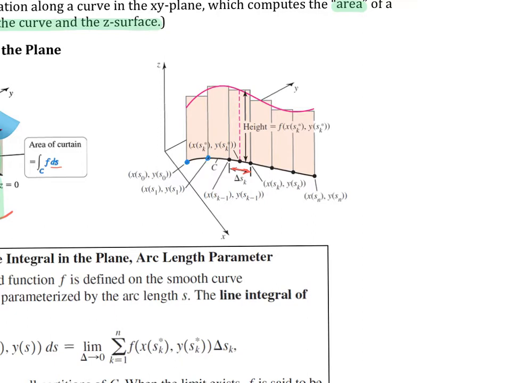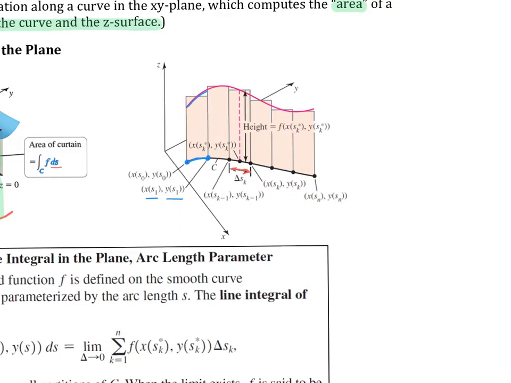The next point we get to corresponds to an arc length s sub 1. So that arc length s sub 1 is simply the length of our curve from s sub 0 to s sub 1. What corresponds to that arc length is this point xy with respect to arc length.